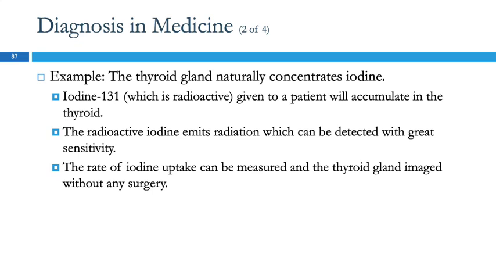So they give you iodine-131, and that gets concentrated in your thyroid gland, and then they can get a really nice image of your thyroid gland. They can also look at the rate of iodine uptake, so they can measure the functioning, and they can image your thyroid gland without surgery. So completely non-invasive.